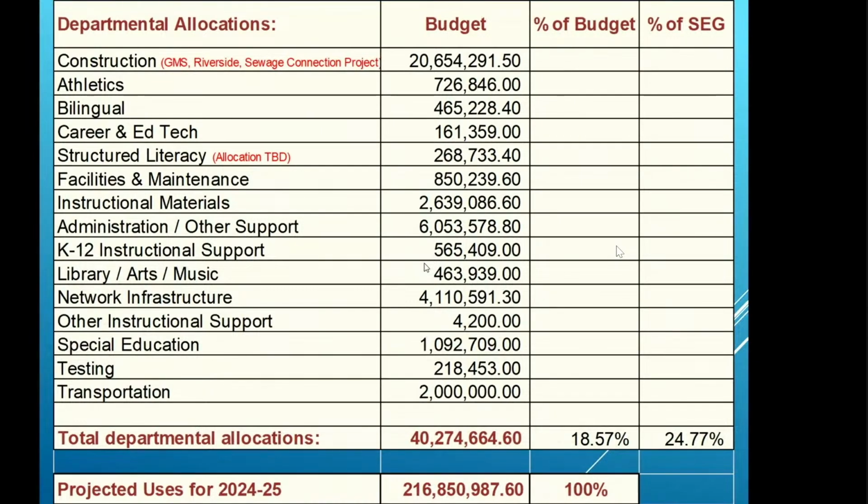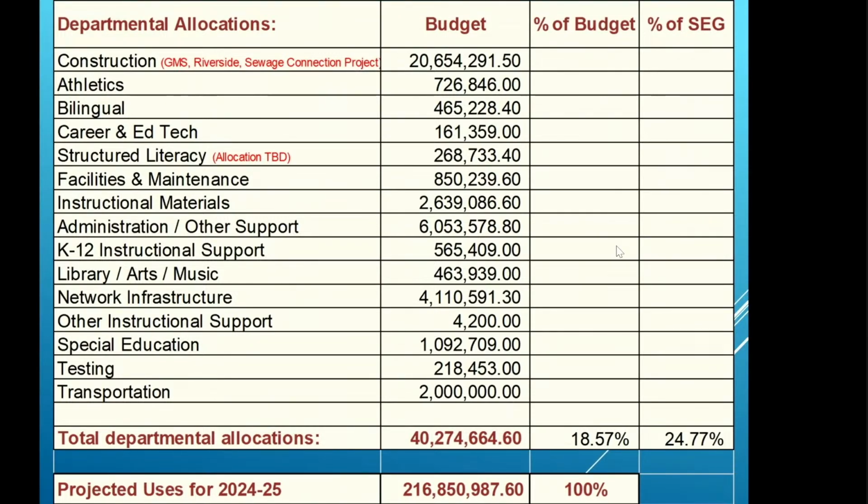So then the rest of the budget, and so you can see down here that the entire budget is $216,850,987.60. We have $20.6 million going into construction, and this is your Gadsden Middle School construction, Riverside, and then the sewage connection project.